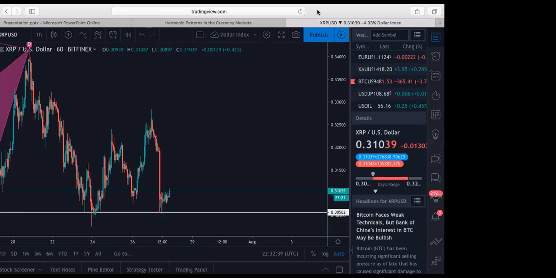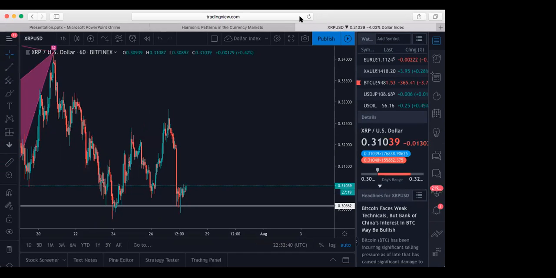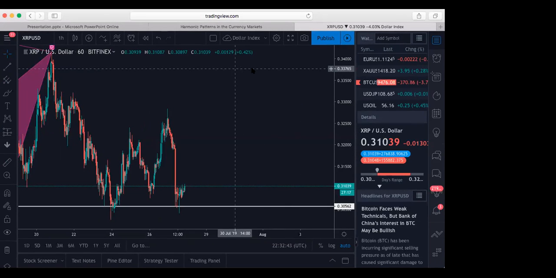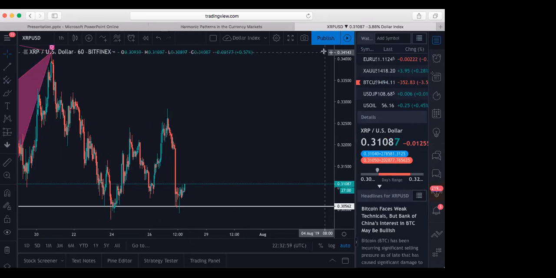Okay, all right. So let me know if y'all can see my TradingView. Yes, we can see it. Someone asked the question, which time frame do you draw the patterns on? All right, let's draw up some patterns.